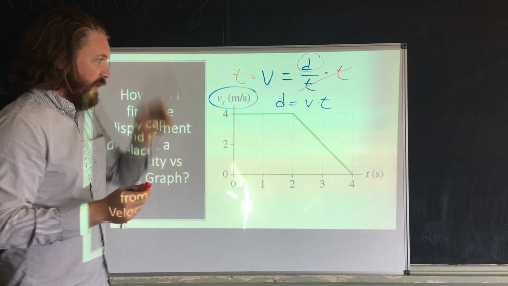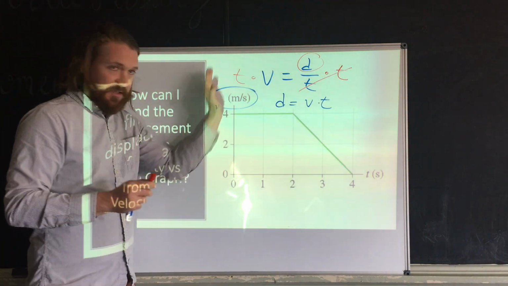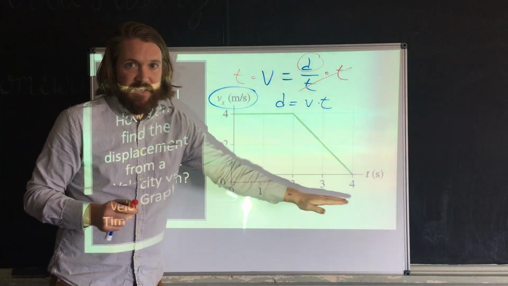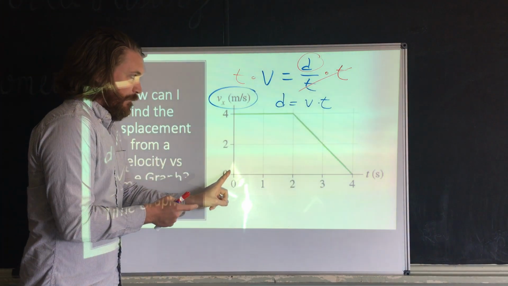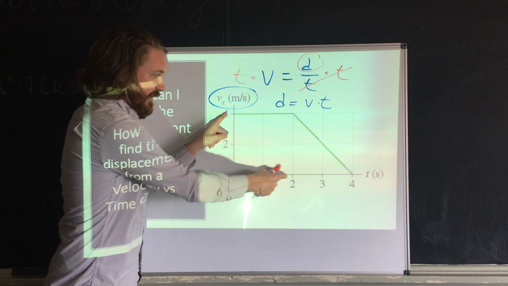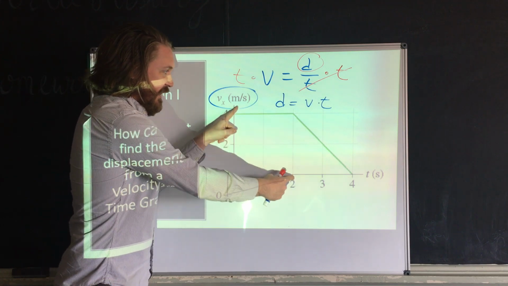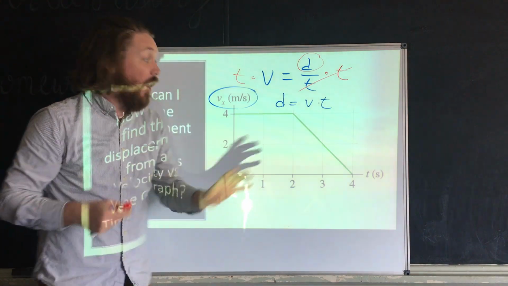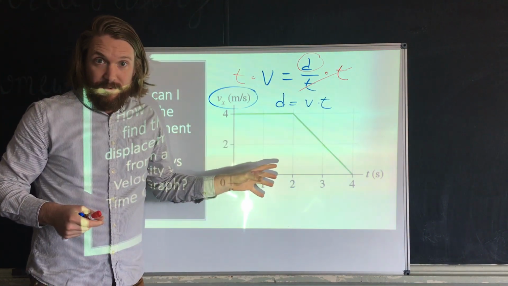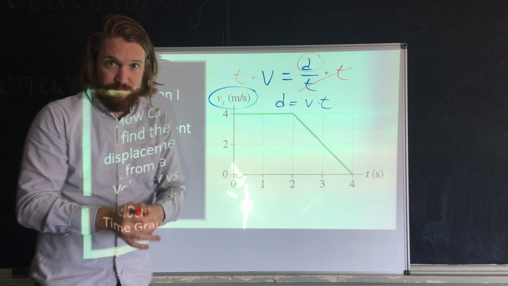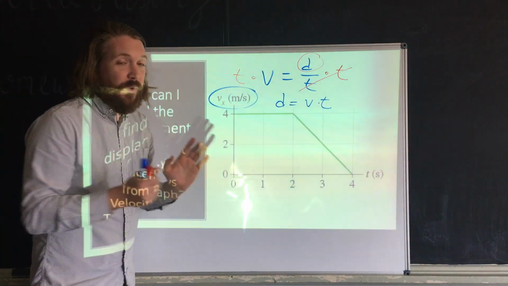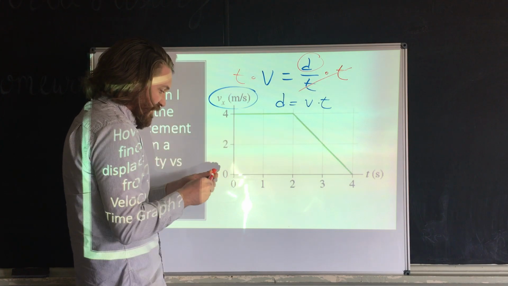Well, look at this. Here, I have velocity on the y-axis, and I have time on the x-axis. If I multiply my y-axis by my x-axis, what I get is the area of this graph. I'm going to let that sink in. To find the distance, what we have to find is what is this area?